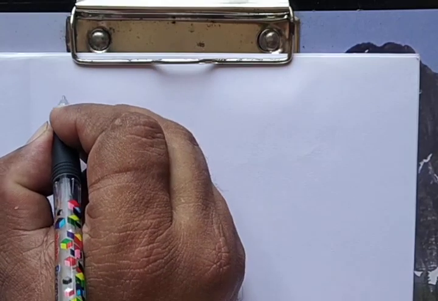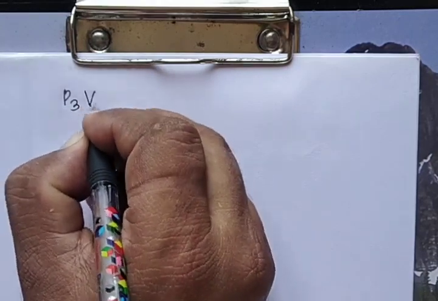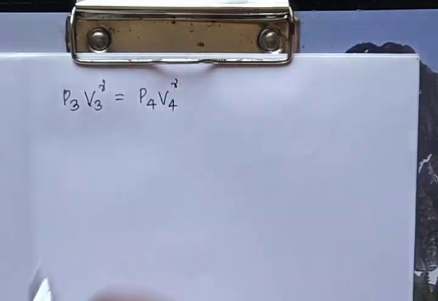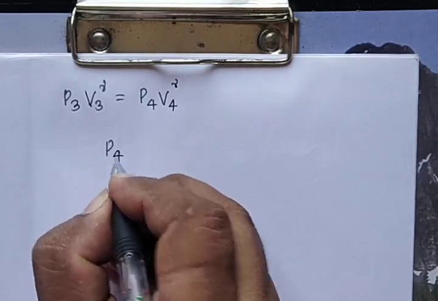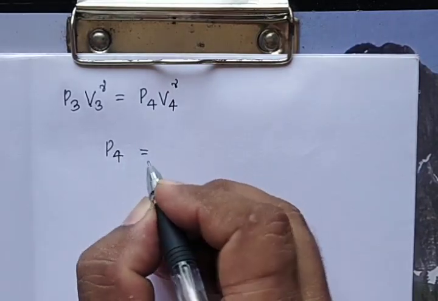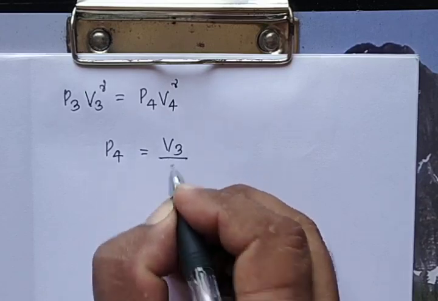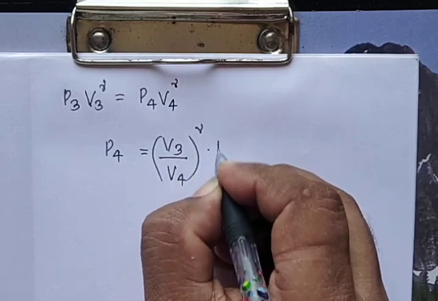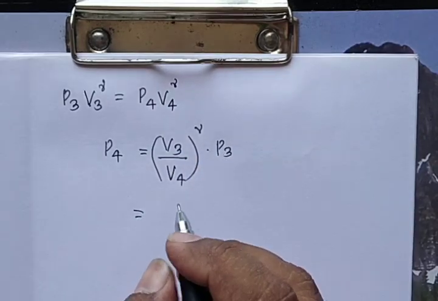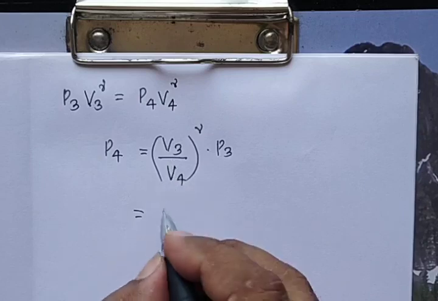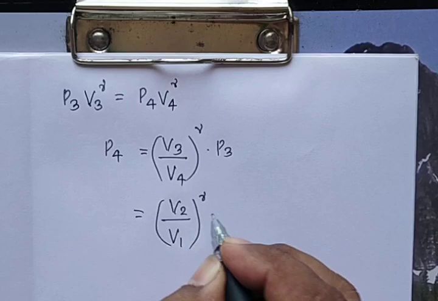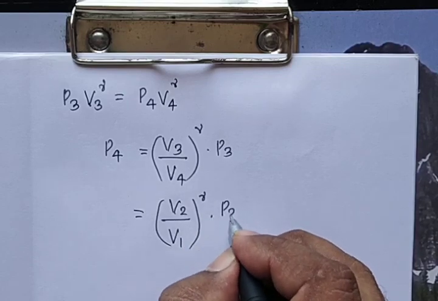After finding out the value of T4, let us find out P4. That is, we will use P3 V3 to the power gamma is equal to P4 V4 to the power gamma. That is, P4 will be equal to V3 by V4 whole raised to gamma into P3. From the PV diagram we can see that V3 is same as V2 and V4 is same as V1. So substitute those values into P3.